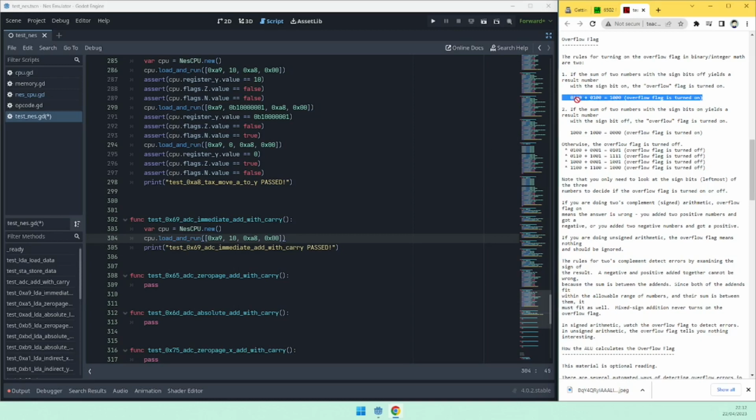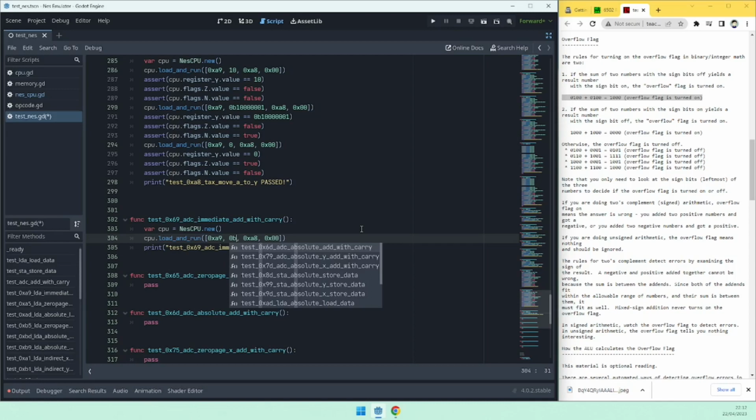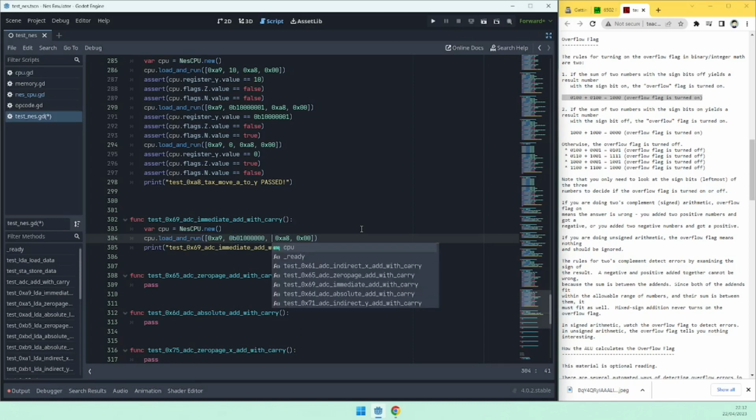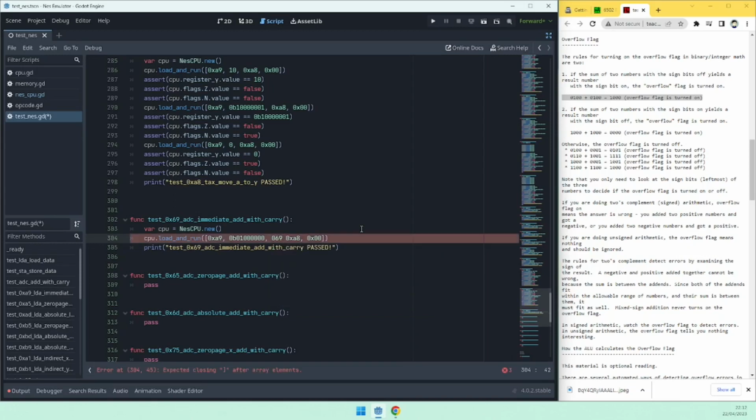So this is... I want to load the binary 0, 1, 0, 0, 0, 0, 0, 0, and I want to add with carry. 069 is the instruction we are testing, with immediate, the same value and nothing else.